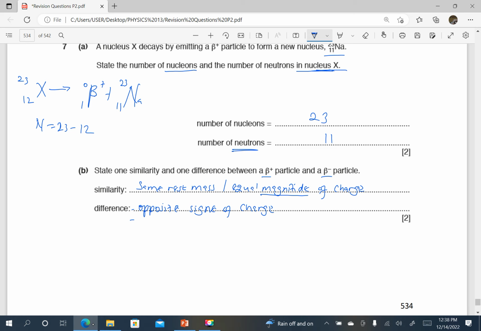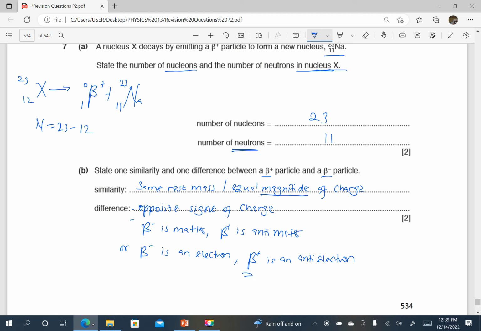That's the one difference. Number two, we know that beta minus is matter and beta plus is antimatter. Or you could say beta minus is an electron and beta plus is an anti-electron.